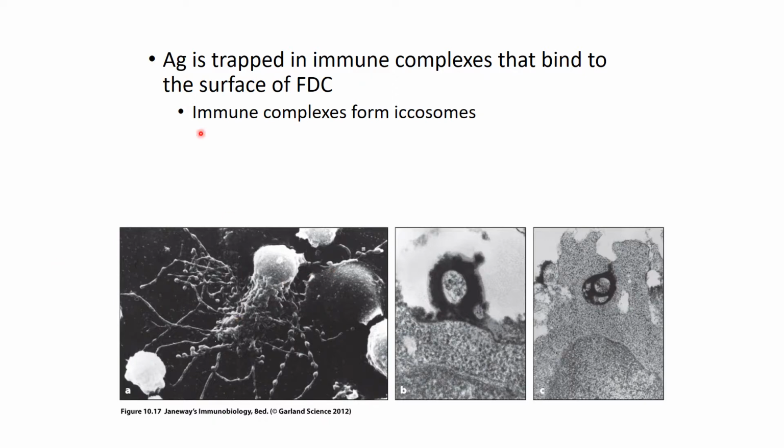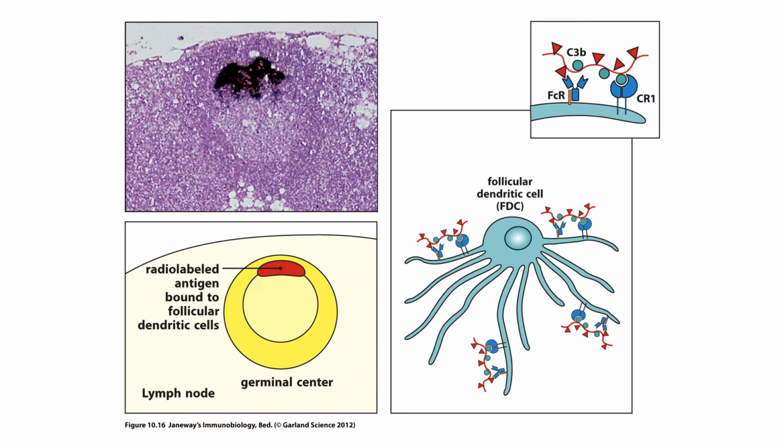No, follicular dendritic cells are just going to collect on their surface a bunch of antigens that have been opsonized, coated in antibodies. As they show here, it's on the surface. It does not get taken up. So it literally just goes cell to cell and says, do you recognize this?